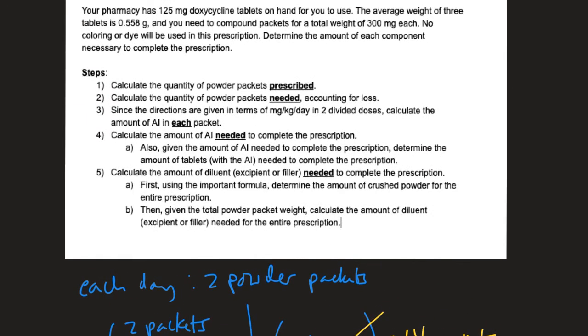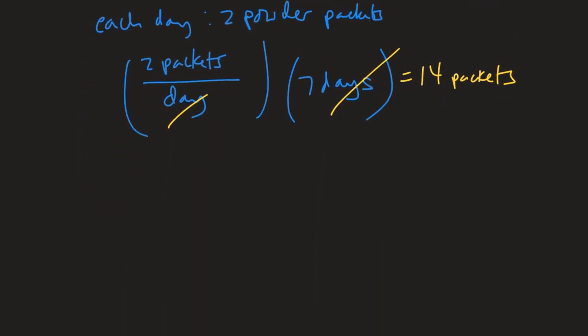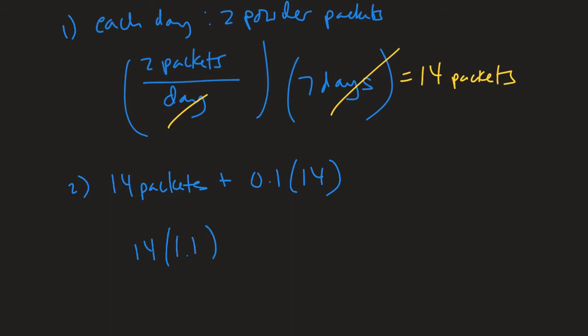So step 2, to account for loss, we need to calculate the amount of powder packets needed. Remember, we're going to account for a 10% loss. Step 2, 14 packets. You can do it either way again: 10% of 14, or 14 times 1.1, to give you 15.4.